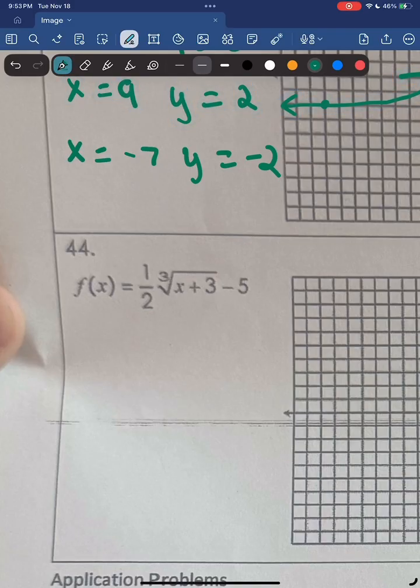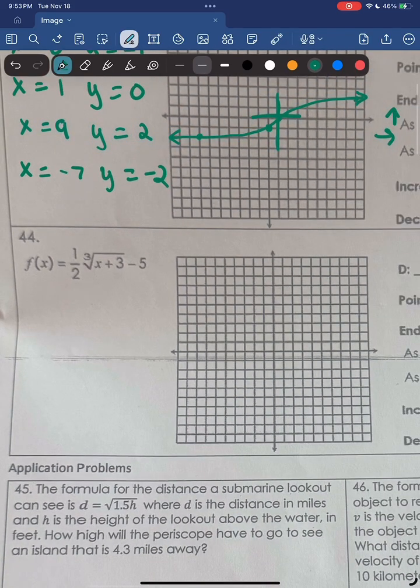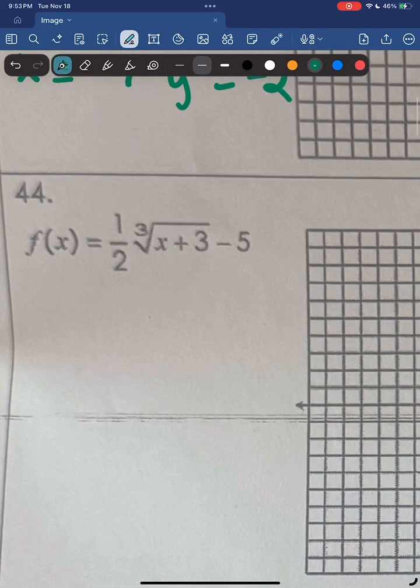So let's start by putting some points down. Remember, it's cube root, so our easy ones are 0, 1, and 8. So if we plugged in -3, y is going to equal 0 times 1/2, which is 0, minus 5.